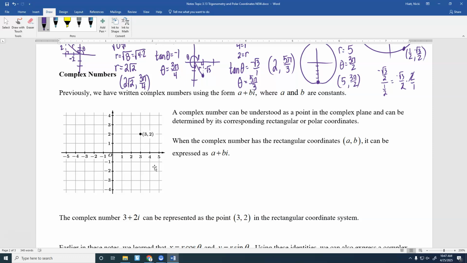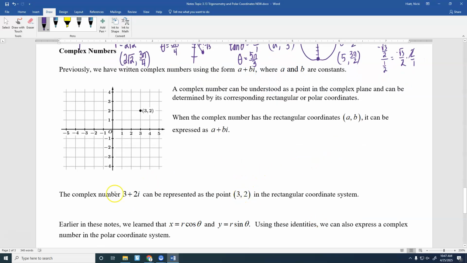Complex numbers can be graphed on a complex plane. We've looked at complex numbers before: we've got a plus b times i, where a and b are numbers. For example, they use the point 3, 2 right here. 3 plus 2i could be graphed as the point 3, 2.